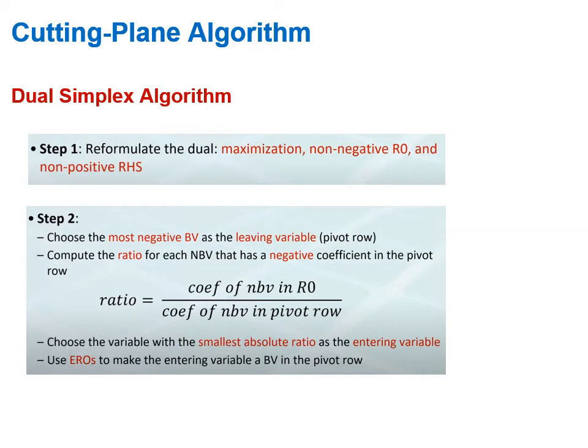The procedure that we are going to learn to convert the Tableau to a feasible solution is, in fact, a familiar procedure, which is called the dual simplex algorithm. It is very similar to the simplex algorithm, but it's not the regular simplex algorithm.